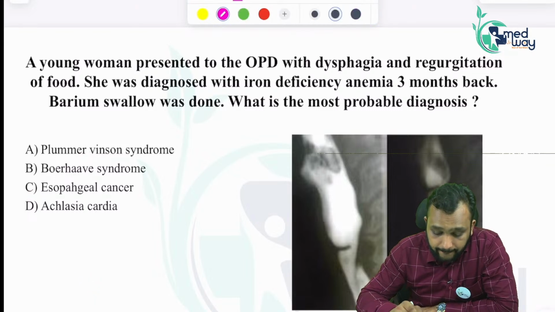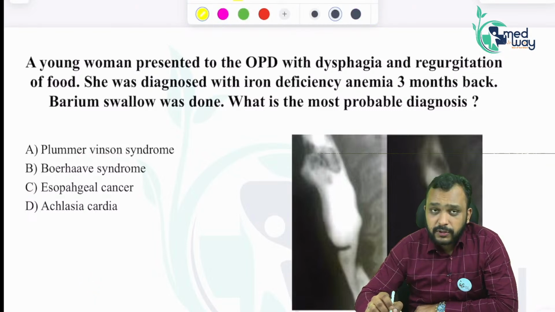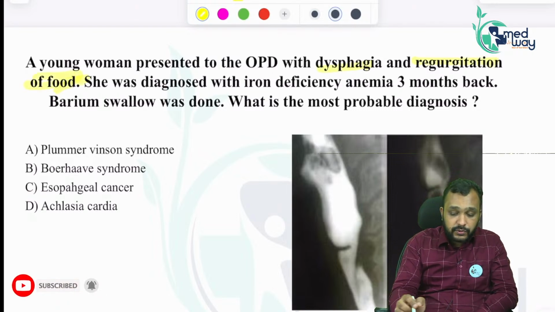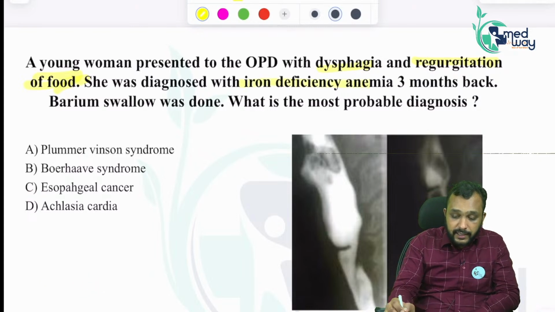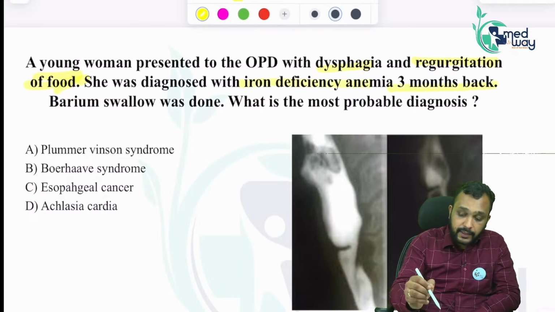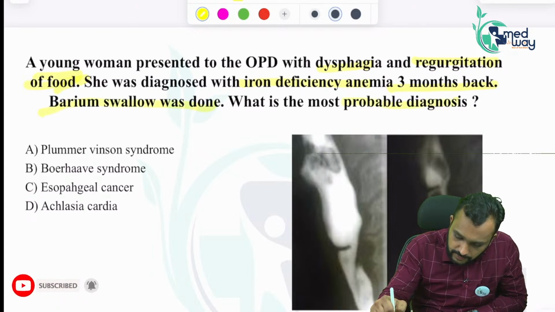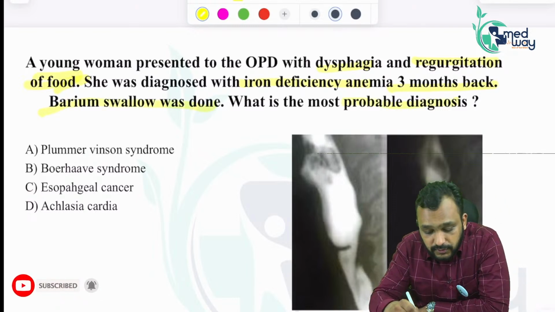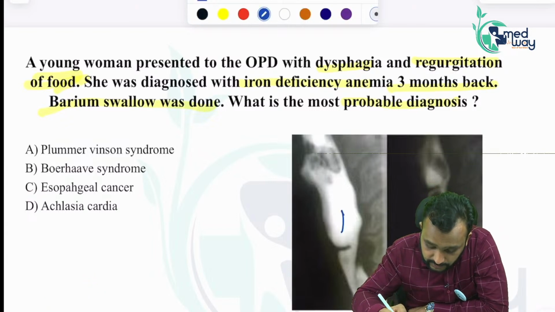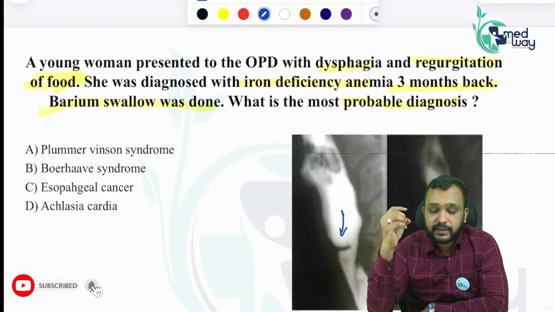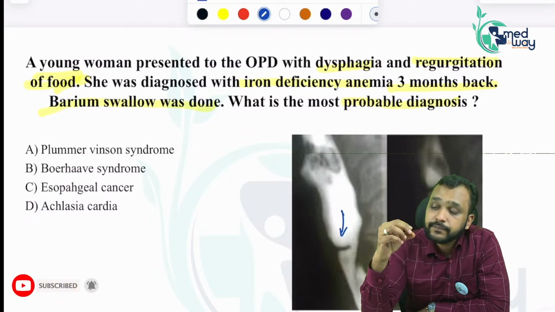Now again a question on the barium swallow. A woman presented to the OPD with dysphagia and regurgitation of food. She was diagnosed with iron deficiency anemia 3 months back. Barium swallow was done. What is the most probable diagnosis? You see there is an esophageal web.